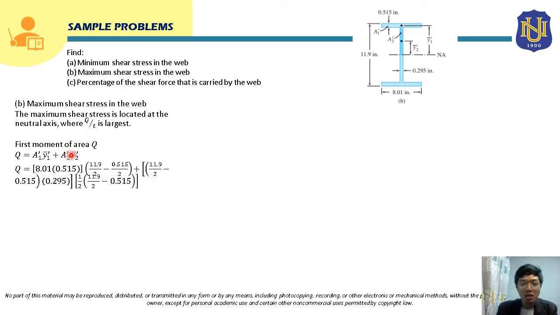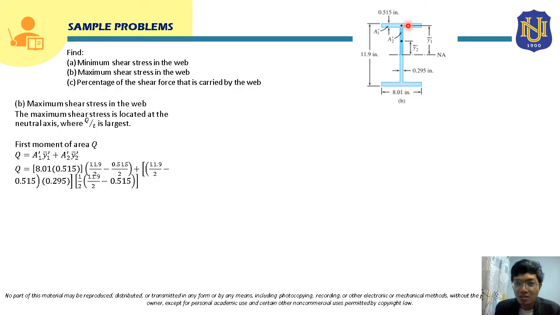Then for area 2 prime, class, this is area 2 prime. It is also just a rectangle. So its base is 0.295, and its height is half of 11.9 minus the width, or the thickness, of the flange. Right?